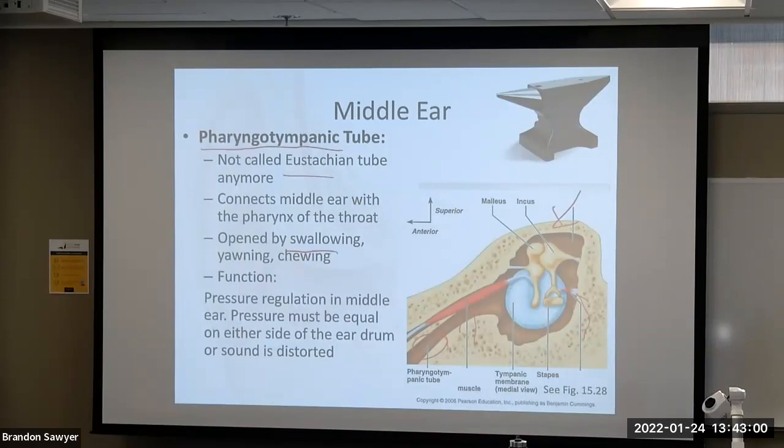And the reason for that is because the pressure inside your middle ear needs to be the same as the pressure on the other side of your tympanic membrane in the external ear, right? Because if it's not, let's say your pharyngotympanic tube is clogged up because you have an ear infection, and you've been down here at sea level, and then you decide to take a drive up to Julian for the day, where it's 4,000 feet in elevation.